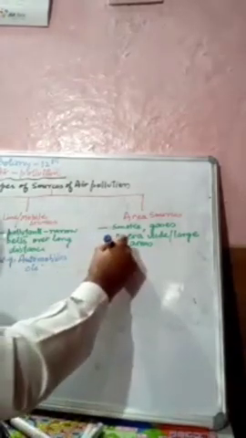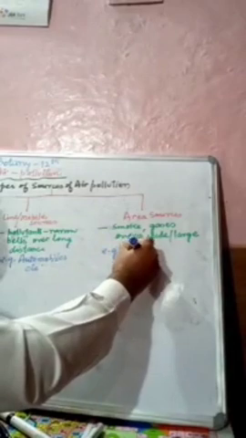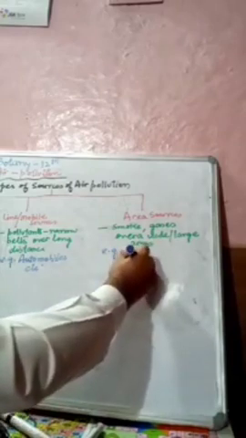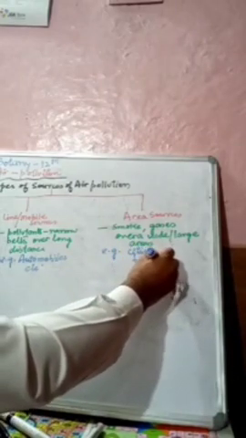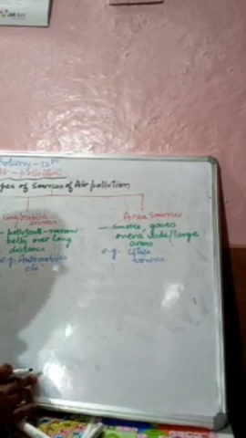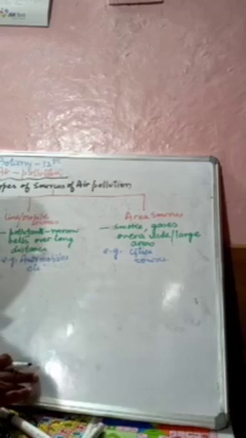Examples: cities, जहां पर ये ज्यादा हो जाता है, or towns, जहां पर ऐसे area sources हमारे पास पाए जाते हैं. So area sources add smoke and gases over wide or large areas. For example, we have cities and towns. So this was all about the types of sources of air pollution.